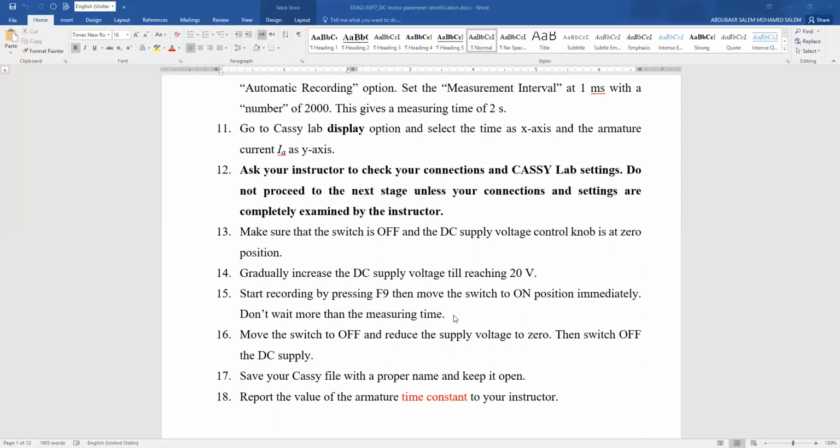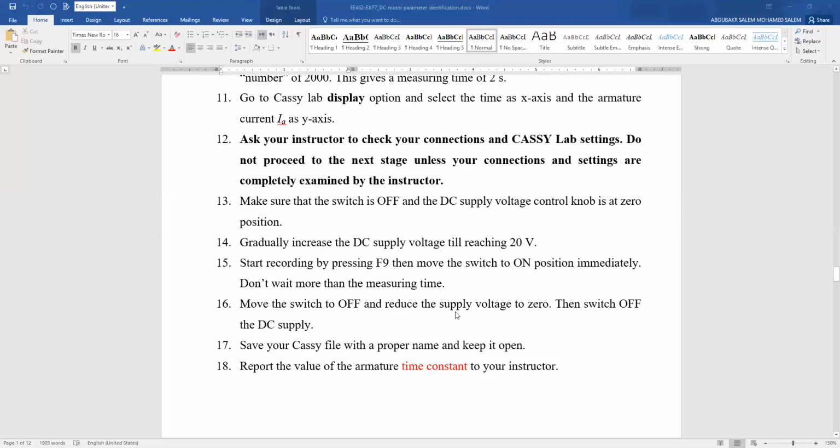So don't wait the 2 seconds and then press and turn the switch on. The interval will be ended and you will not record anything. So it's better to press F9 while your hand is on the switch to turn the switch on.